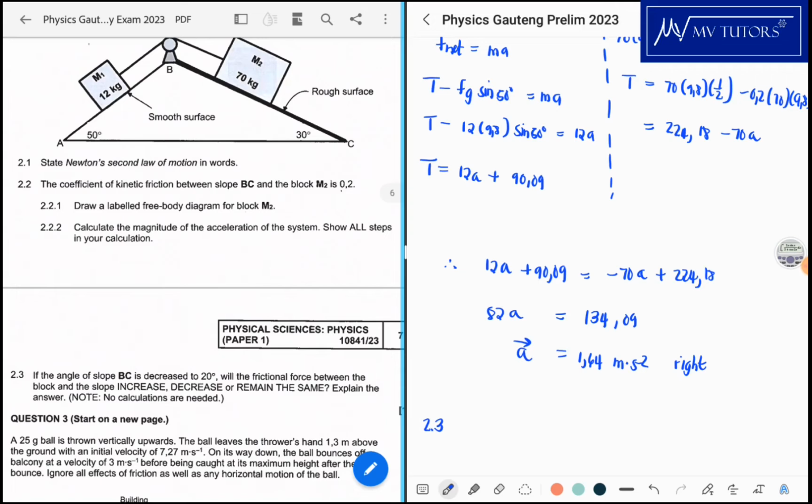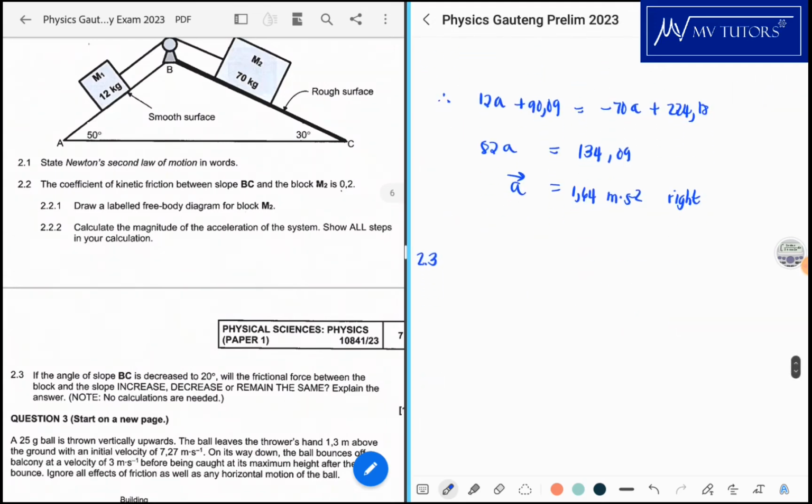Okay, so in this case, before we even answer, just know that your friction force is equal to mu, in this case kinetic friction, times the normal force. And so the friction force is actually directly proportional to your normal force.